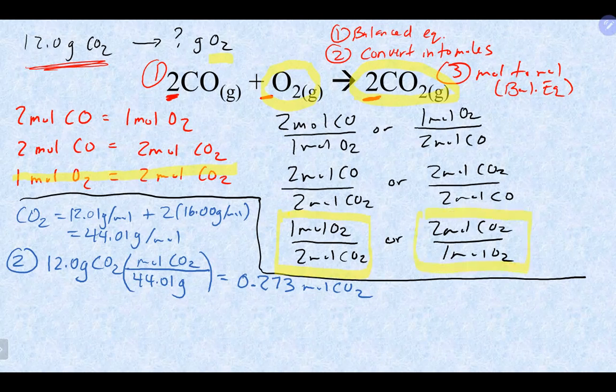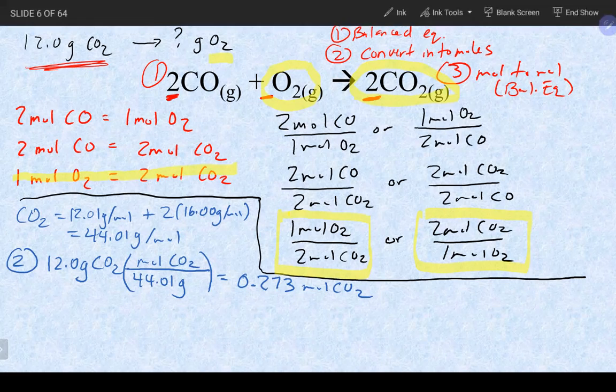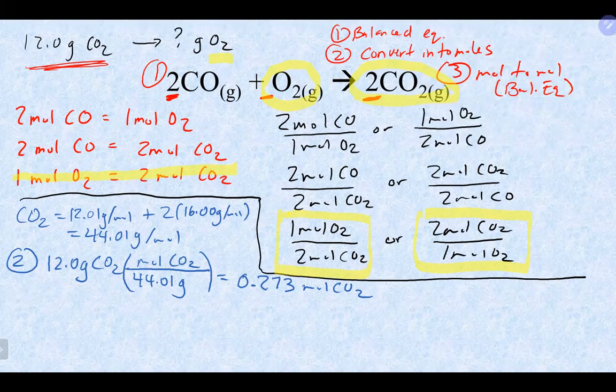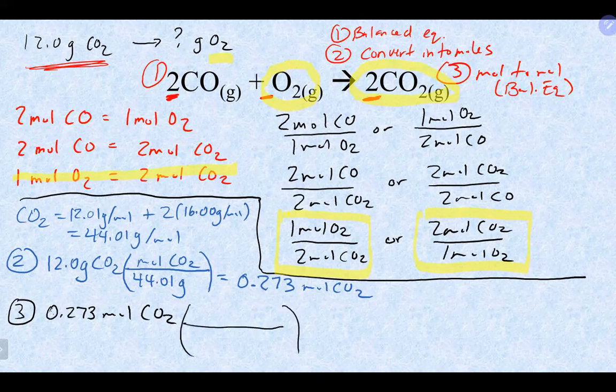So basically what we want to do is choose the conversion factor that's going to get rid of CO2, which we're not interested in, and leave us with O2, which we are interested in. If I had to choose, which conversion factor should I use, the one on the left or the one on the right? Once again, we want to get rid of CO2, which means CO2 needs to go opposite, right?